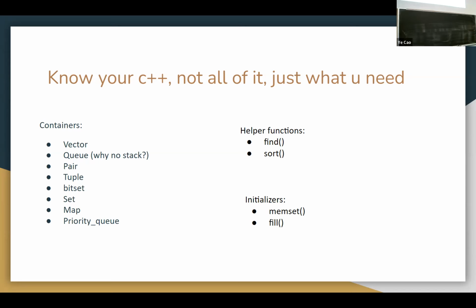Okay, memset can be used to fill an array with 0 or -1. You can choose what to memset. And what about fill? You can use fill to fill with any number. It's because the Boolean value of 0 and -1 are false. Can you say that again? Boolean value of 0 and -1 are false.